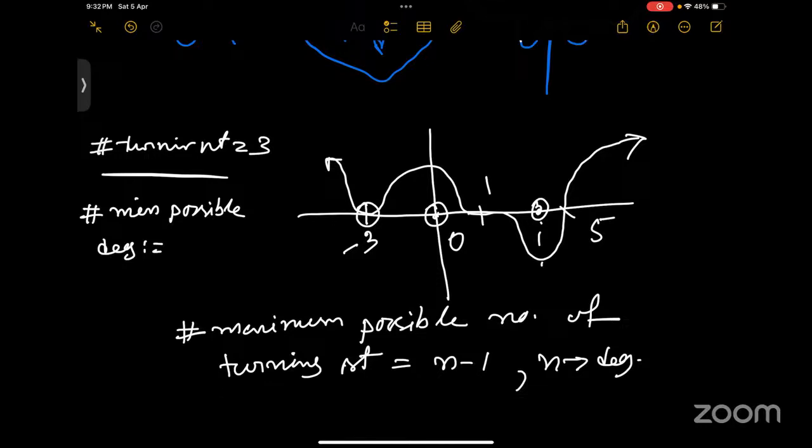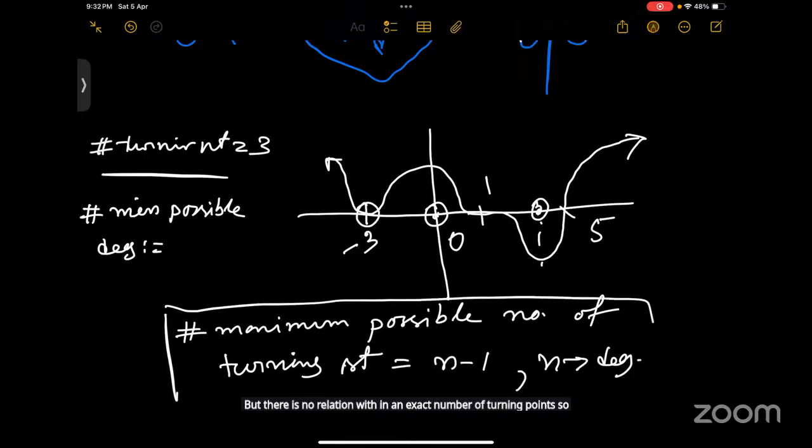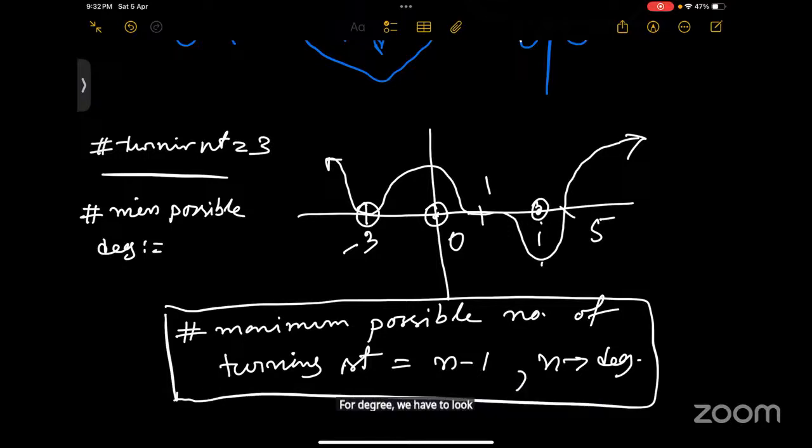But there is no relation between n and the exact number of turning points. So here we have the exact number of turning points as 3. From this we cannot conclude about the degree. For degree we have to look at the graph.